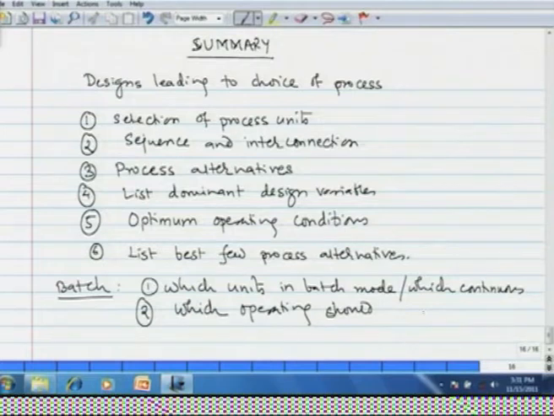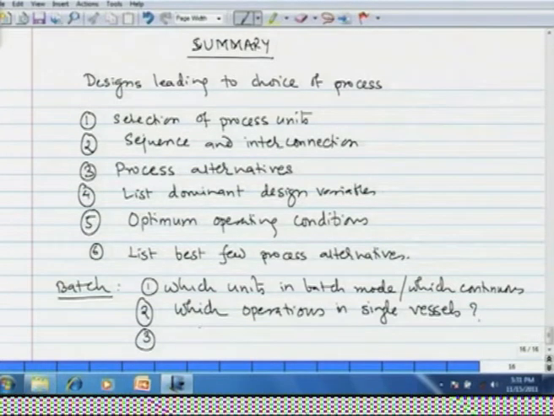So, which operations to be carried out in a single vessel, and for which operations you need separate vessels. Or can we use individual vessels in parallel steps?